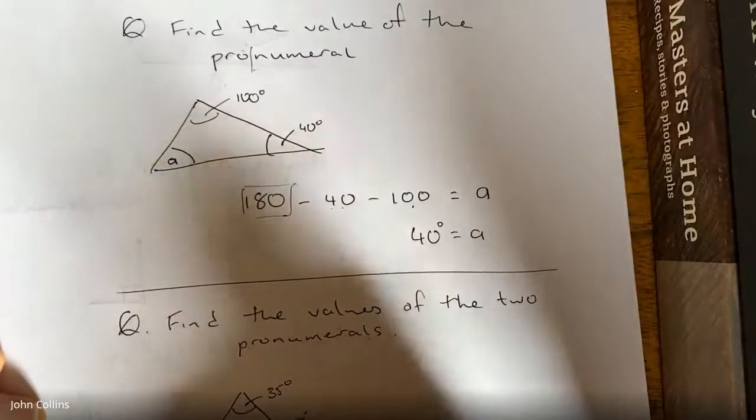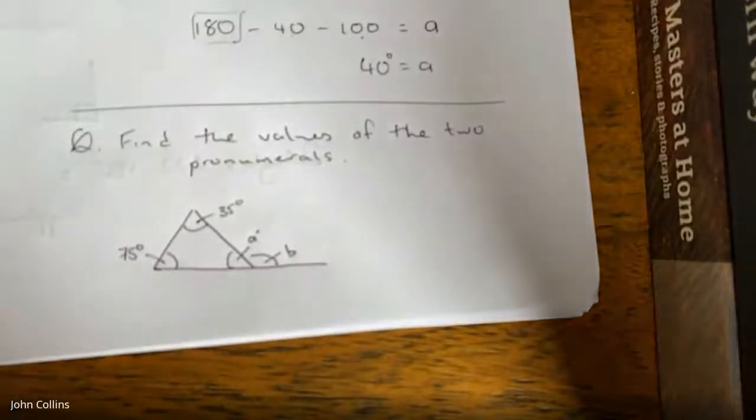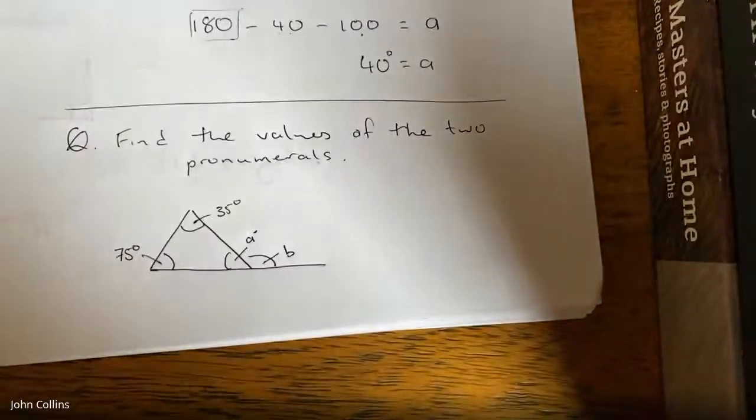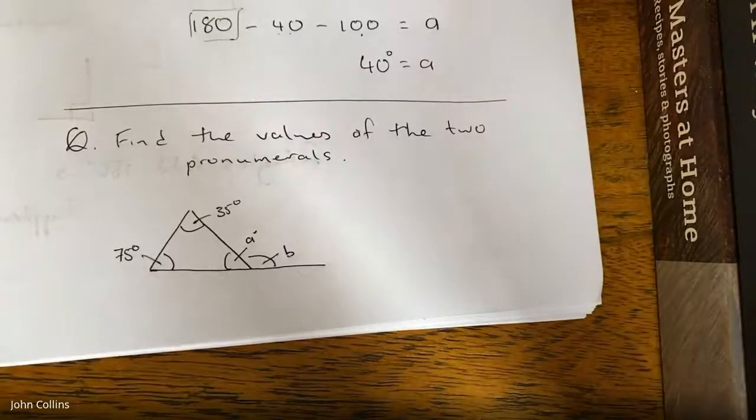Call that one A. This one outside the triangle, B. So now it's on screen. Sorry, I drew that a little bit off screen. Okay, so take down the question first, and then if you want to have a go at answering for either A or B, type in the chat. I'll give you a second to work on this.